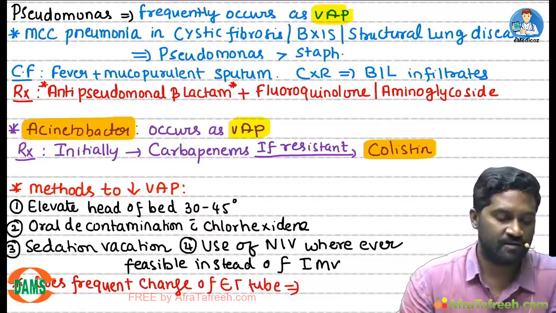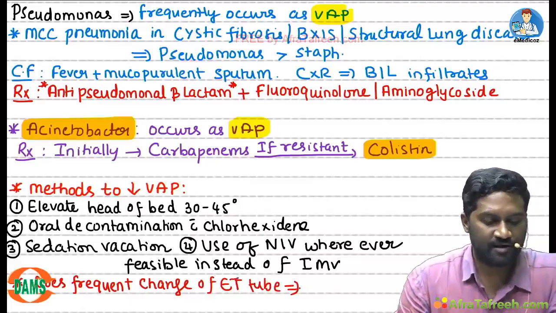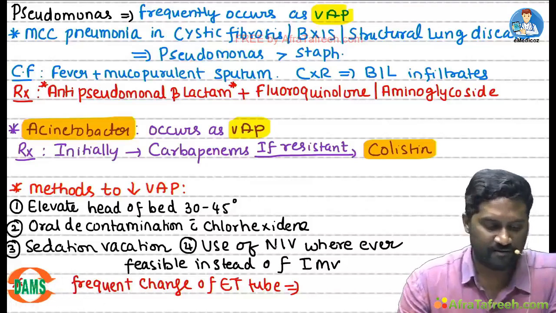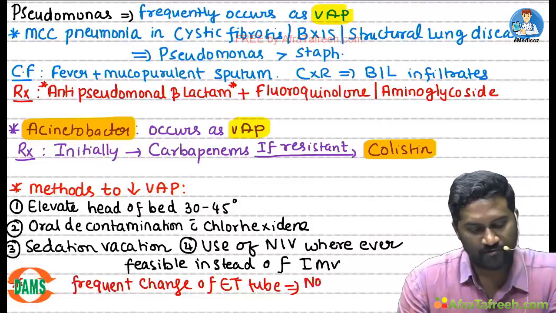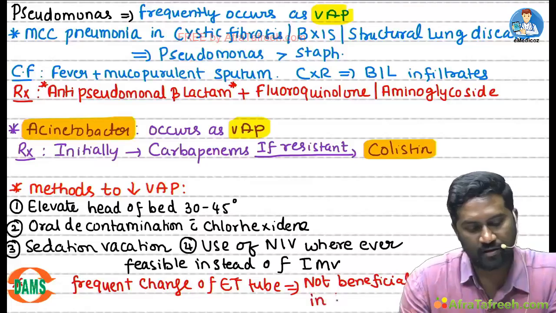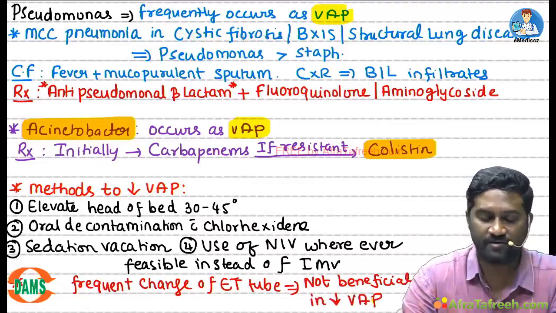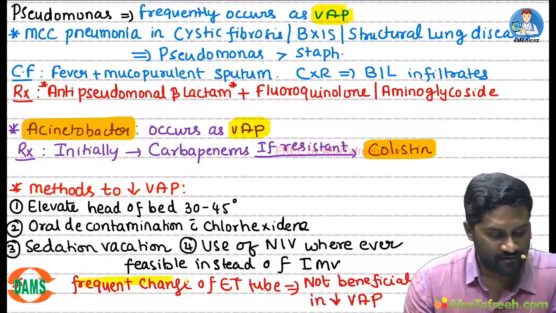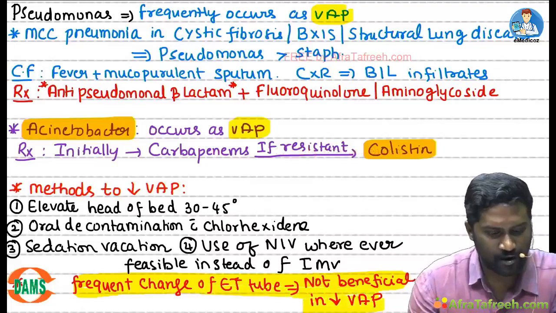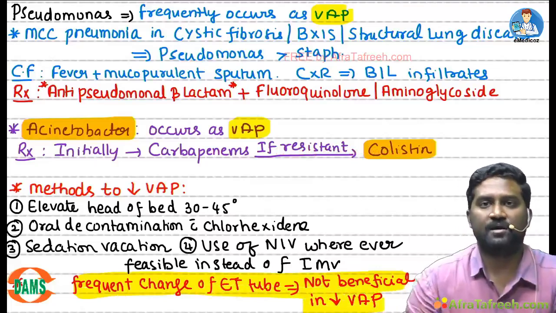Your answer is that frequent change of endotracheal tube is not beneficial in reducing ventilator associated pneumonia. This was the question asked. Is it beneficial in reducing ventilator associated pneumonia? Your answer is no. What is the reason behind that?